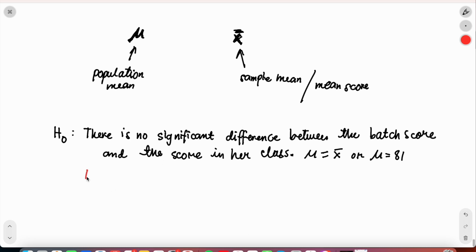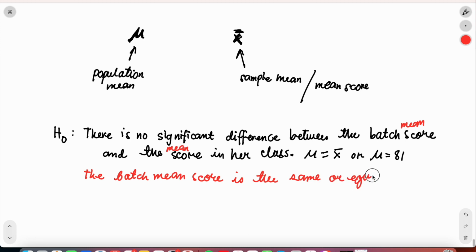You can write this as the batch mean score is the same or equal to the class mean score. So this is also correct.